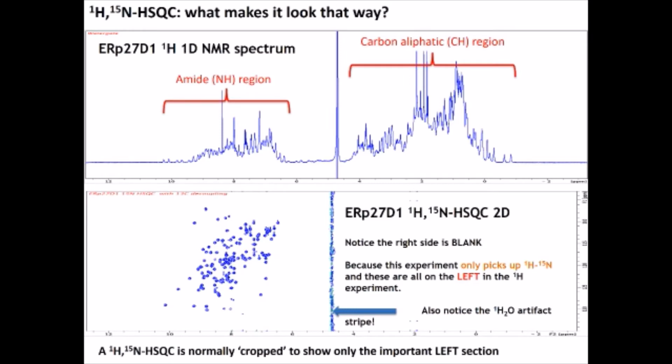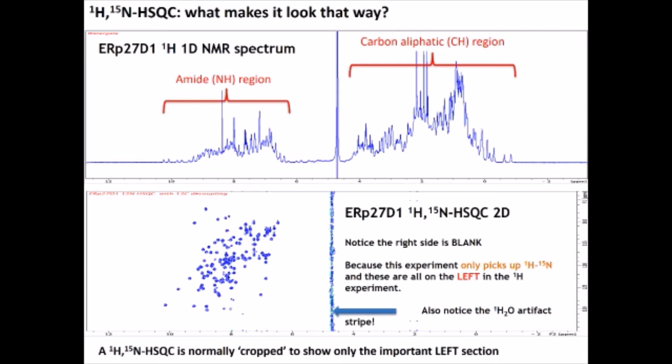As you notice, all the section between below 0 and 4 ppm has disappeared in the 2D spectrum, and that is because it's all the carbon aliphatic region. Those hydrogens are not attached to a nitrogen.